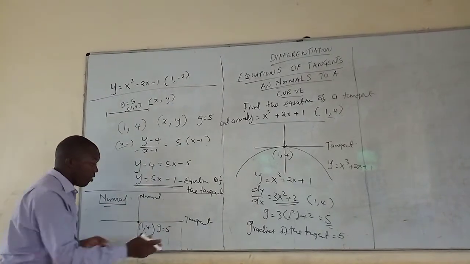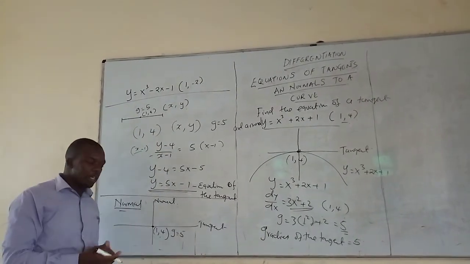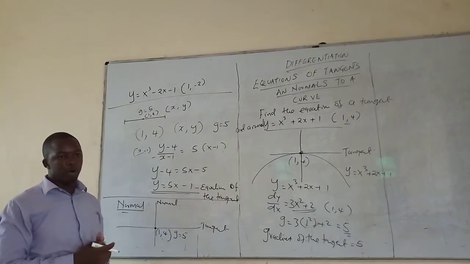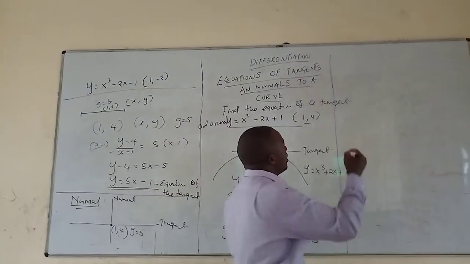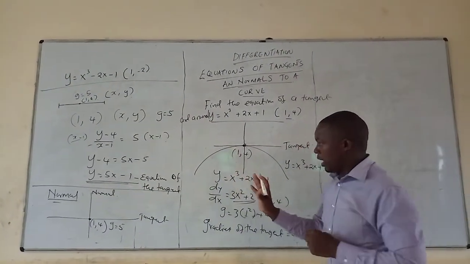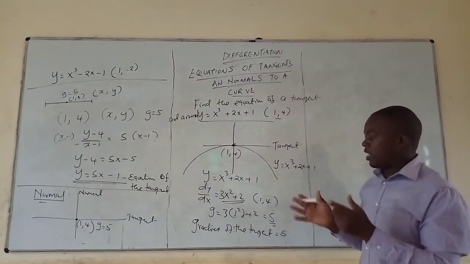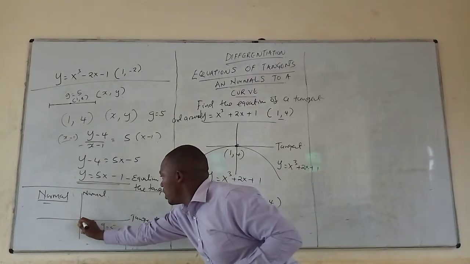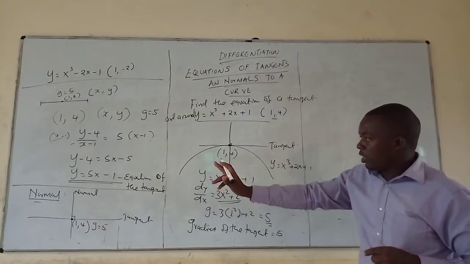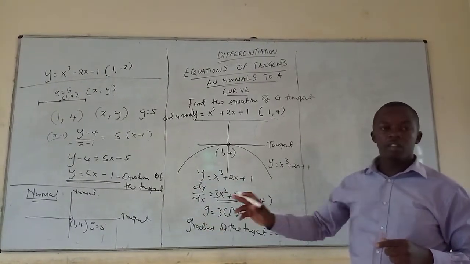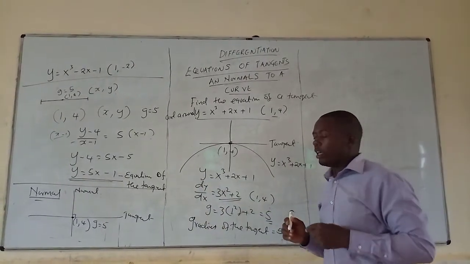We have got its equation, of course. So the question is, can we get the gradient of this normal? The answer is yes. Remember what we learned earlier on: when we have two lines that are meeting at right angles, at 90 degrees, it means that when you multiply the gradient of the normal and the gradient of the tangent, the answer is -1.